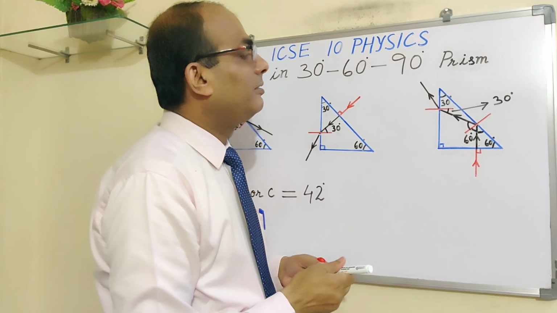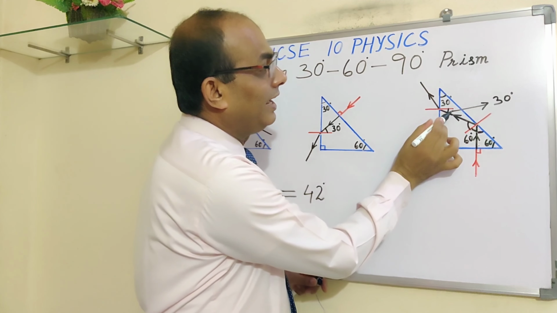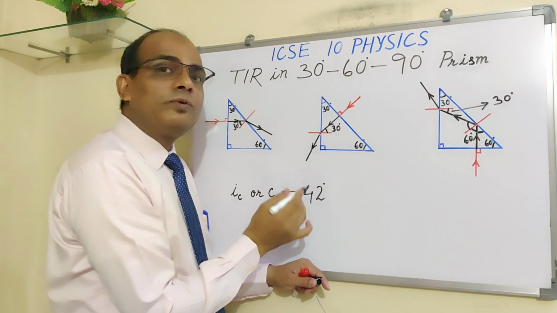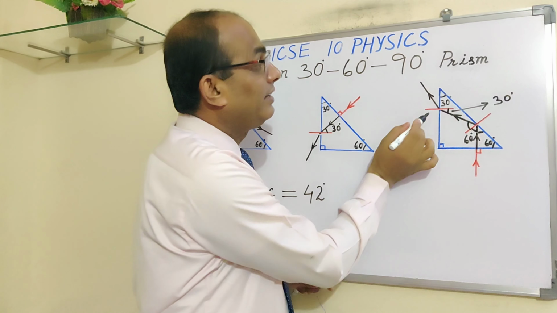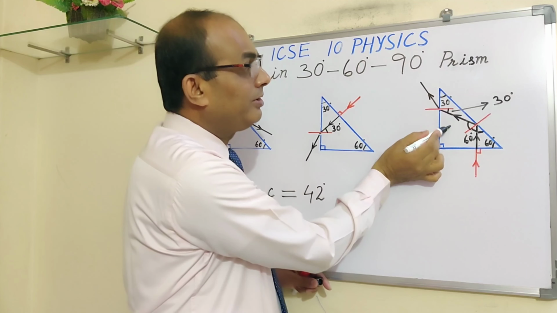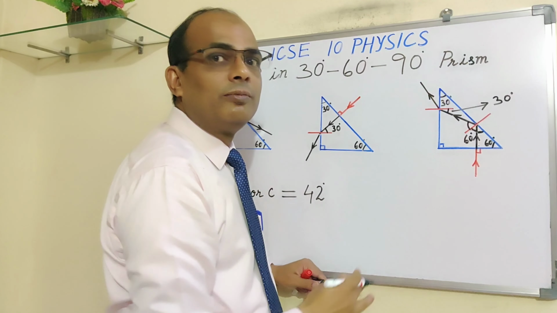You see that the angle of incidence in this case is 30 degrees, which is less than the critical angle. So no TIR will take place and the ray of light will emerge out of the prism like this, because again it is traveling from denser to rarer medium, so it will go away from the normal.